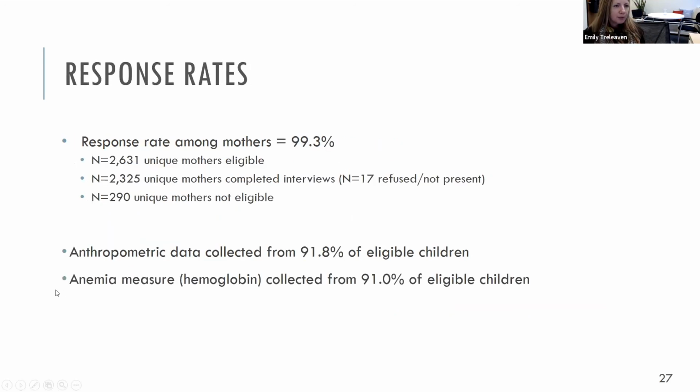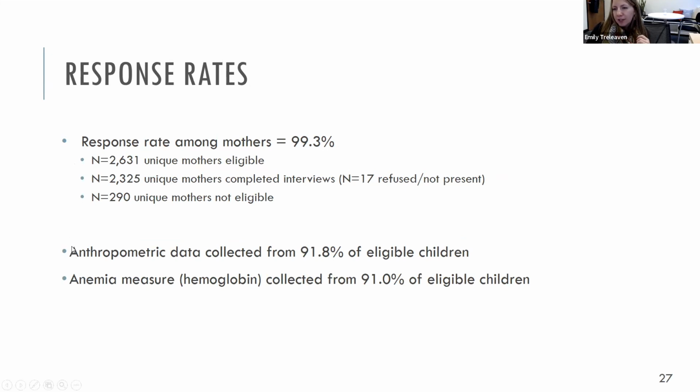We had response rate information available for this. So we had a really high response rate among mothers, which is pretty typical of a CVFS data collection. We had 99.3% of eligible mothers agree to participate. There were about just over 300 mothers who were excluded because they were either in Nepal, outside Chitwan, in another country, or 20 could not be located.